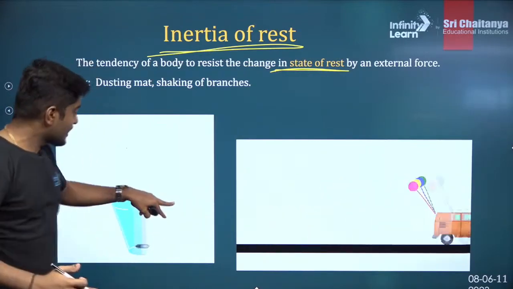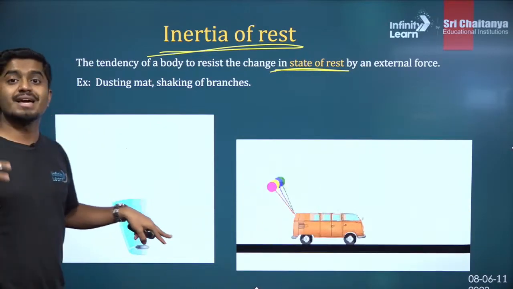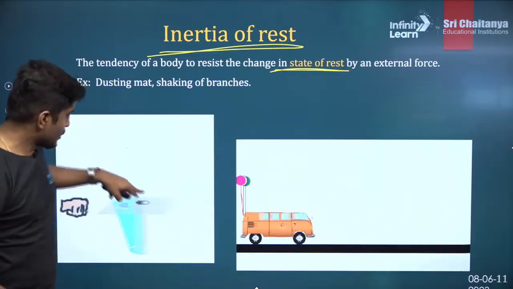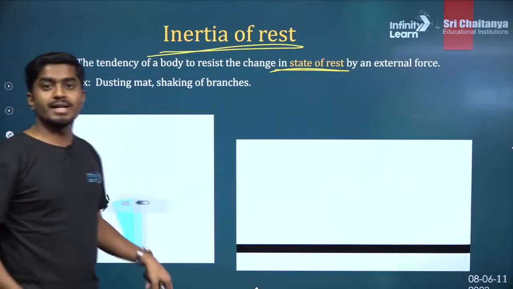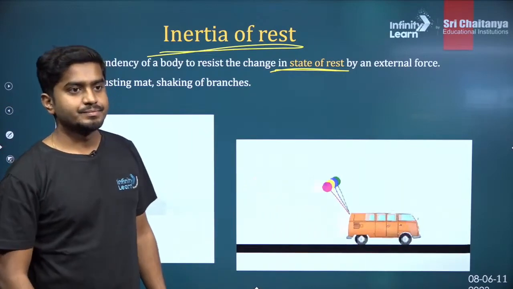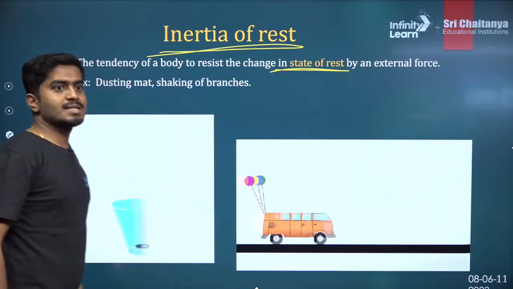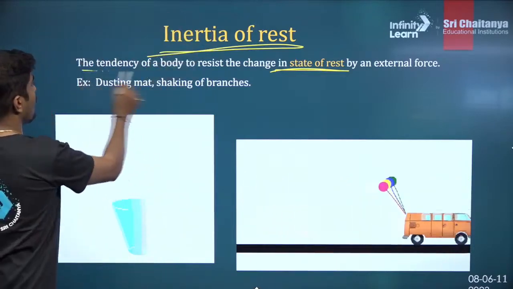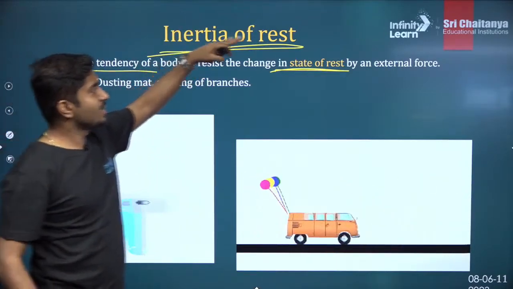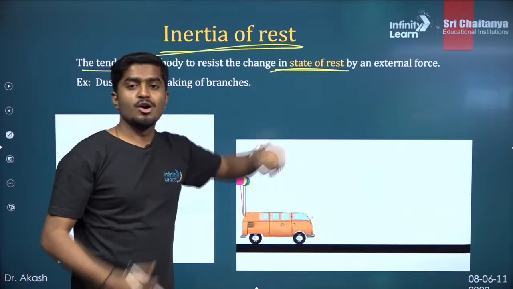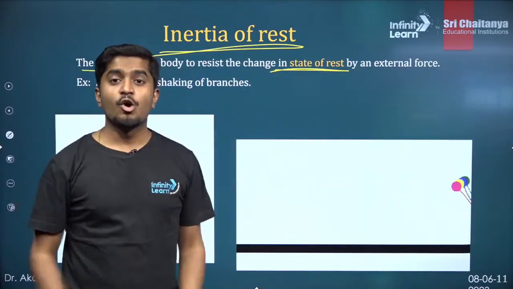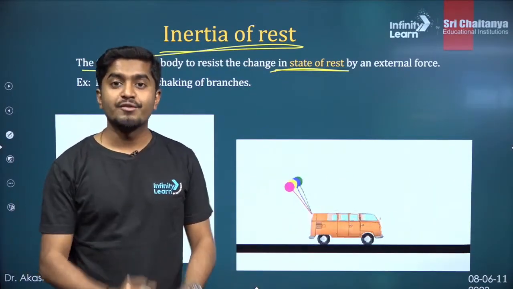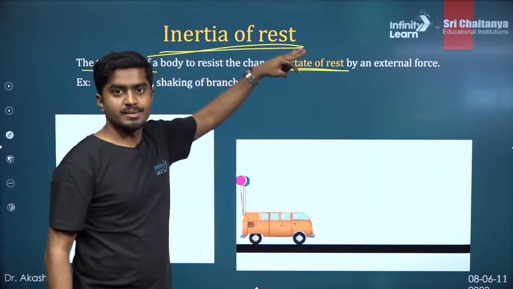But once there is no support, there is an external force which is gravity. So gravity will pull this coin into the beaker. Correct? Yes, nice. So what is inertia of rest? It is the tendency of the object to resist the change in its state of rest. The object wants to be lazy, wants to be at rest forever. That is the inertia of rest.